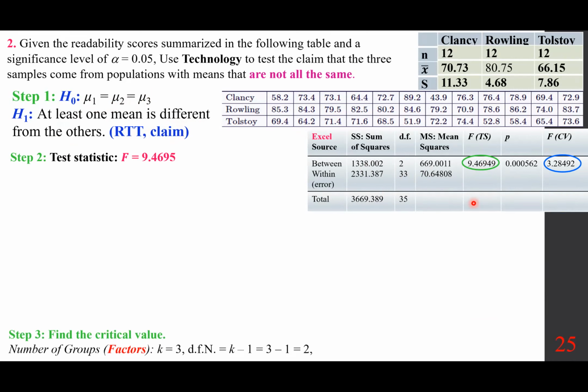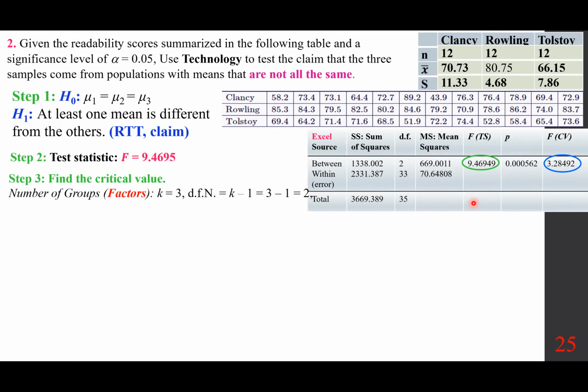Critical value, we write it from the table, and we can also use the fact that the degrees of freedom of the numerator is 3 minus 1 or 2, the denominator is 36 minus 3 or 33. And again, from the F distribution table, not the technology table, we have the same answer, of course, with more decimals.